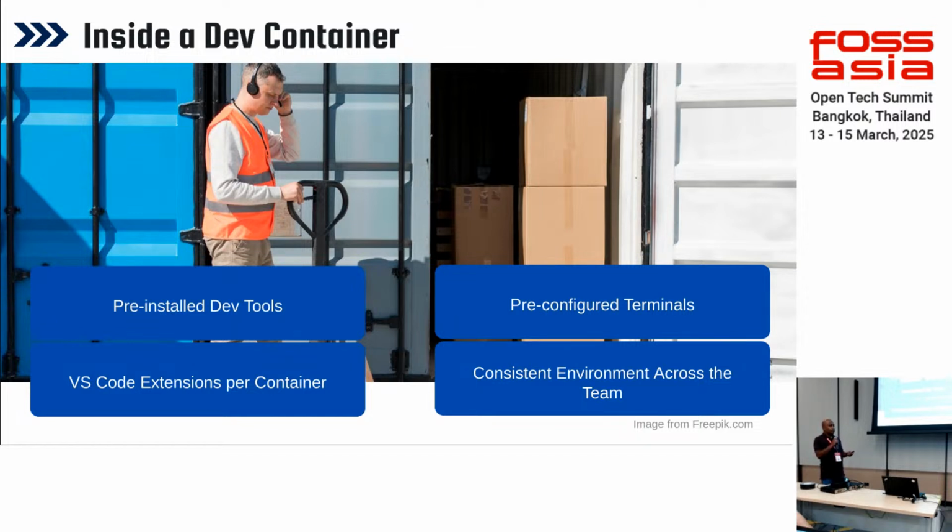And it has pre-configured terminals where you bring up a container. When you open a terminal from VS Code, it opens a shell within the container where you have access to all the files, and you can run commands as if you're in a normal terminal. It will be a consistent environment across the team, no matter what operating system they run.